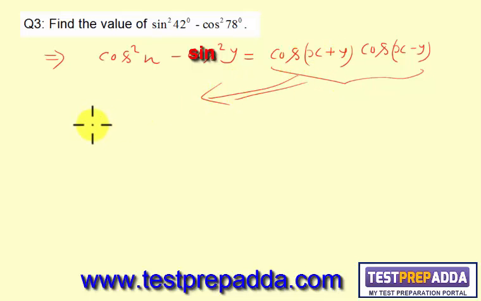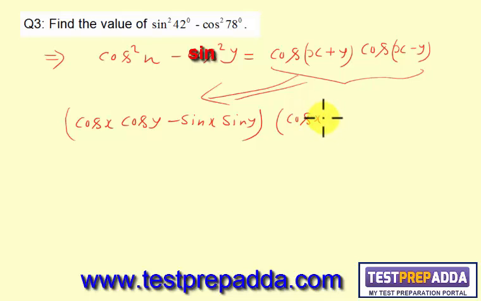How? Cos x plus y is cos x cos y minus sin x sin y. I'm using cos a plus b formula. Similarly, cos a minus b formula is what? Cos x cos y plus sin x sin y.